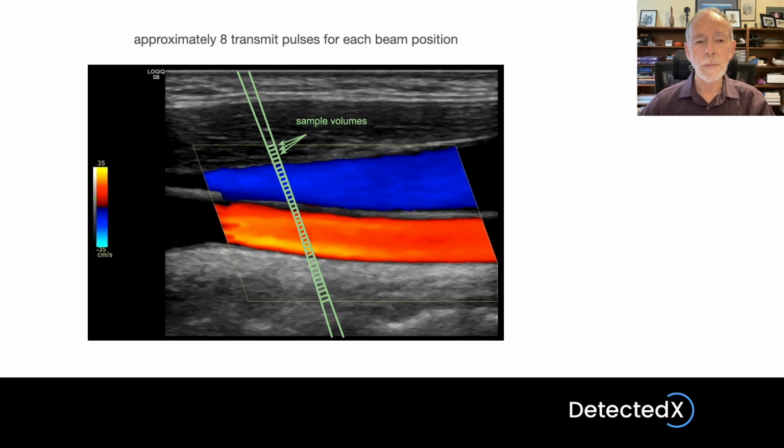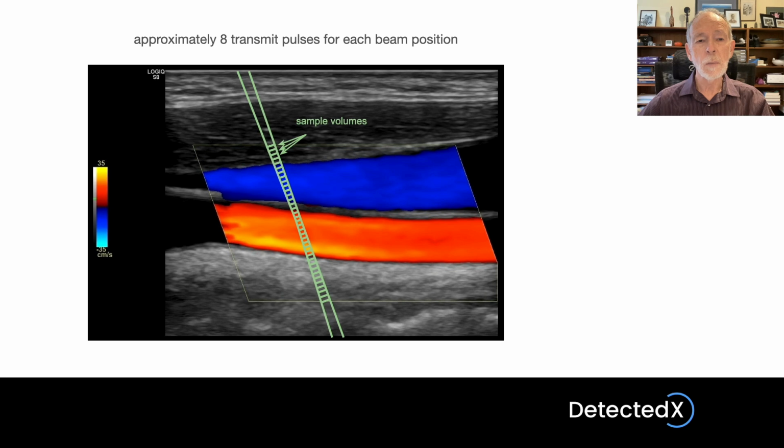The other thing that's shown here is that a very small number of transmit pulses are used for each position of the beam, and a typical number would be 8. So with the beam in one position, the machine will transmit and receive just 8 times, and it will then move on to the next position. And so for any one sample volume, data from just 8 transmit pulses is going to be analysed to estimate the Doppler shift.